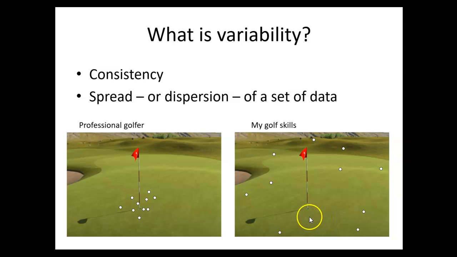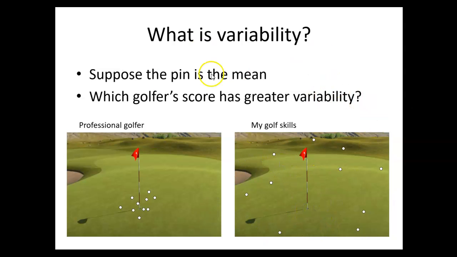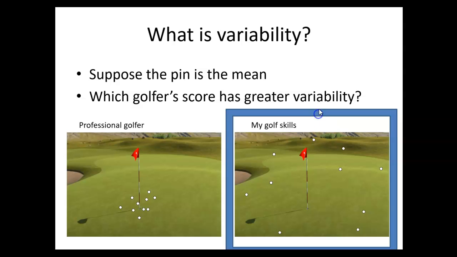So which set of data would have greater variability? Again, suppose the pin is the mean. Which golfer would have the greater variability? In that case, my golf skills would be the ones that would have the greater variability. I'm more spread out around the mean.